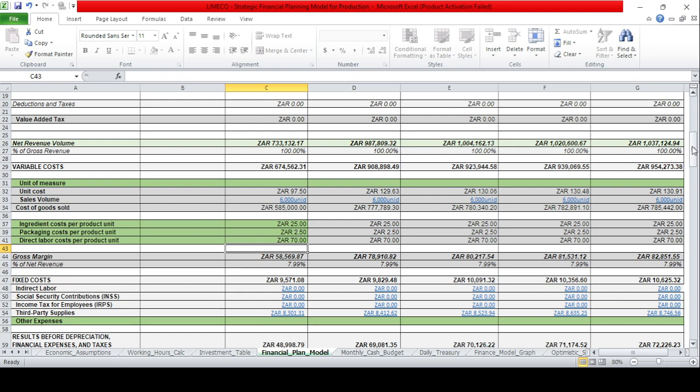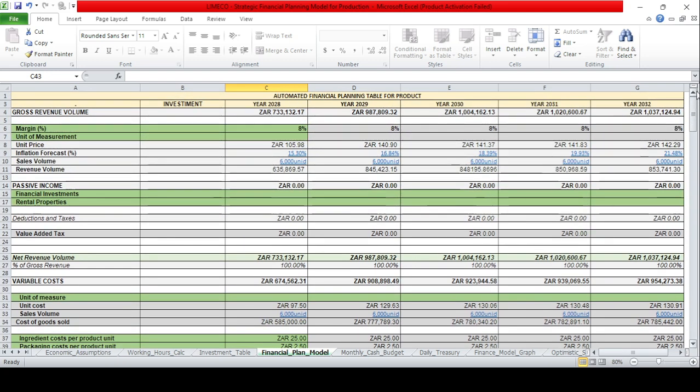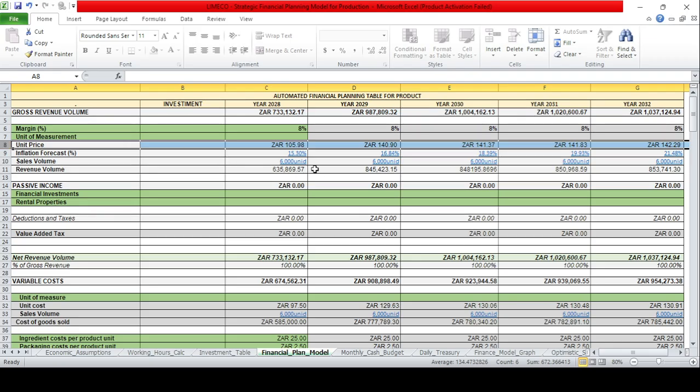cost of the production. So the unit price is calculated automatically here. We have here the revenue volume, and margin 8%.